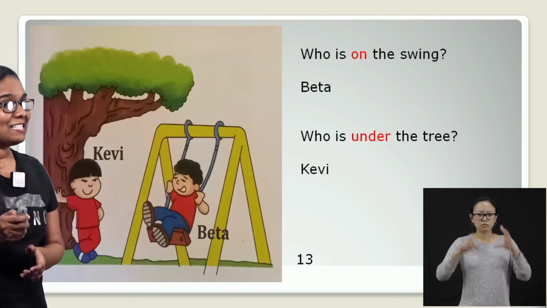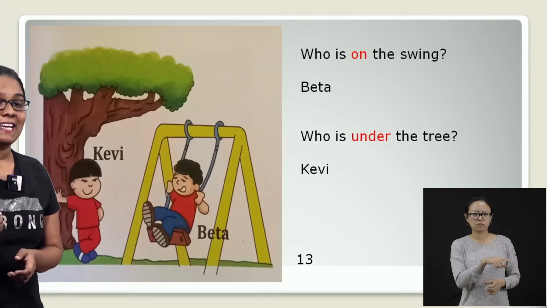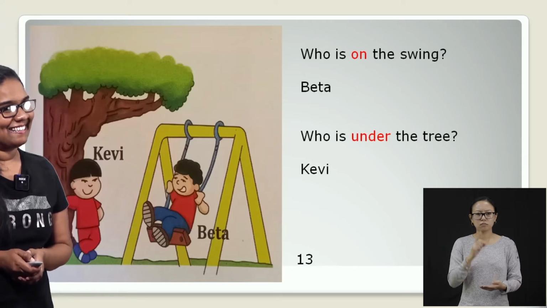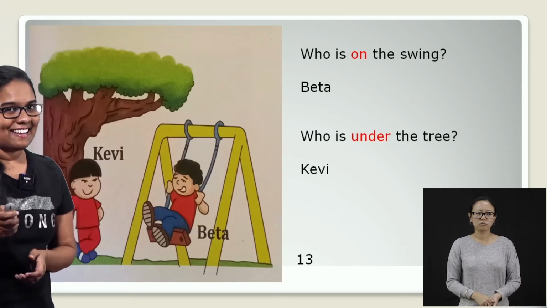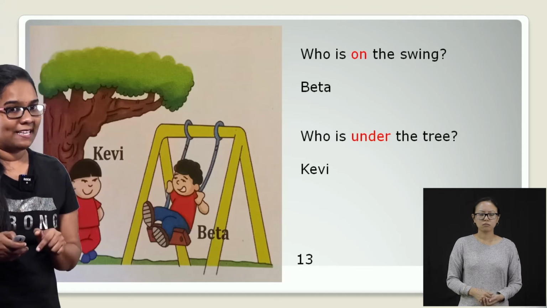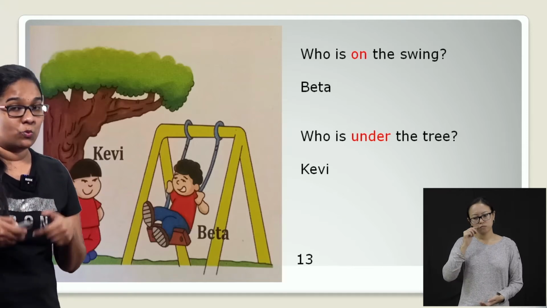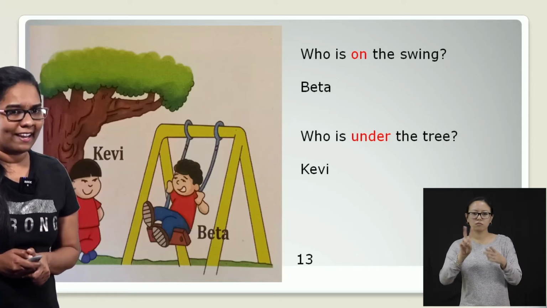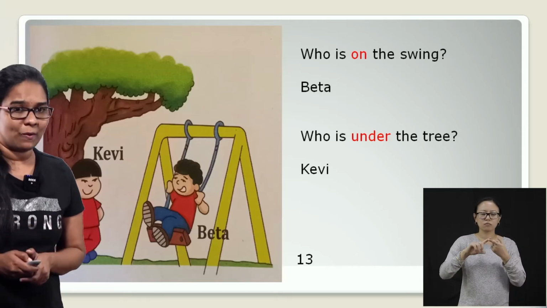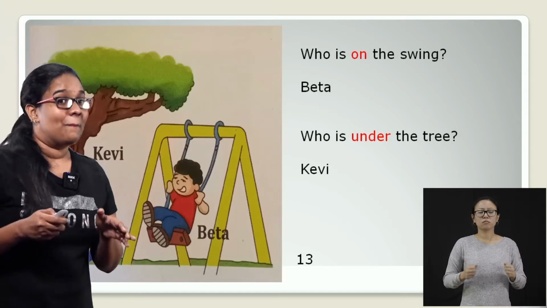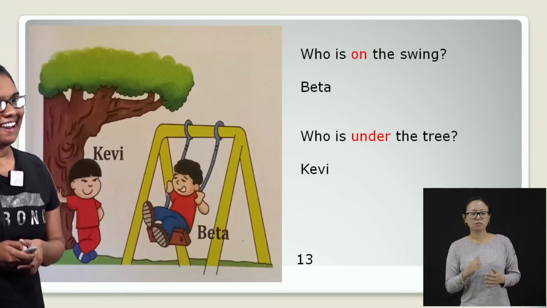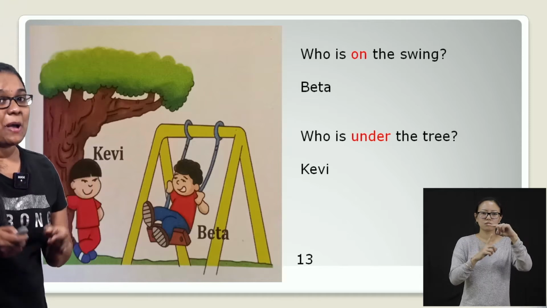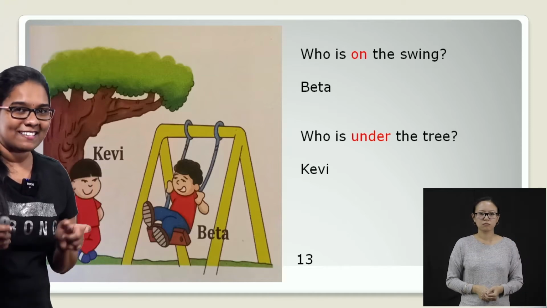You can see this picture also in your textbook, page number 13, right? Here Kevi and Beta are playing on a swing. Who is on the swing? Yes, Beta is on the swing.